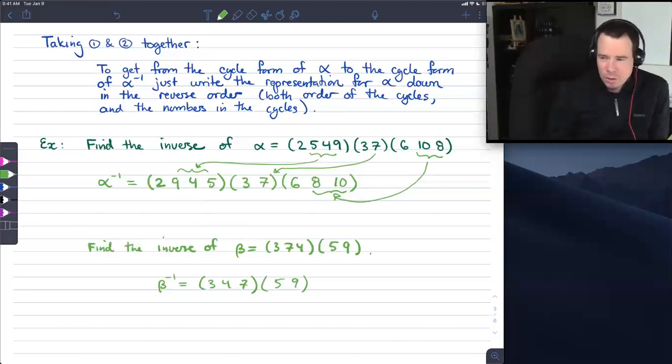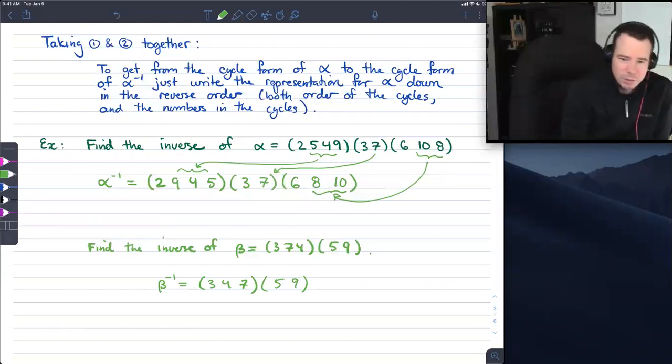And by cycle structure, I mean alpha was a 4-cycle, a 2-cycle, and a 3-cycle, and its inverse is a 4-cycle, a 2-cycle, and a 3-cycle. Beta is a 3-cycle and a 2-cycle, and its inverse is a 3-cycle and a 2-cycle. That's one of the things that's beneficial, because as we'll see in a second, the order of a permutation only depends on the cycle structure.